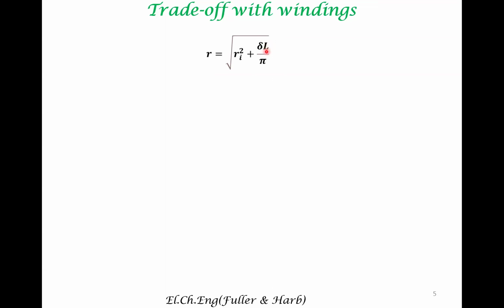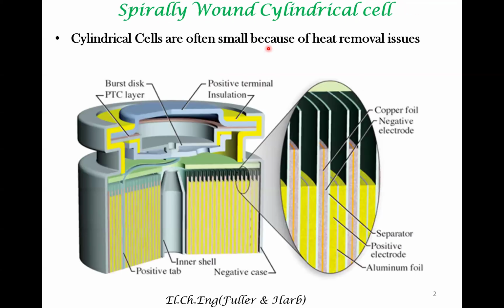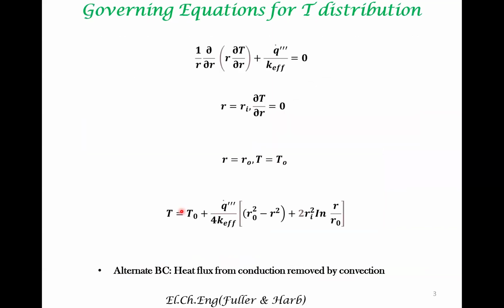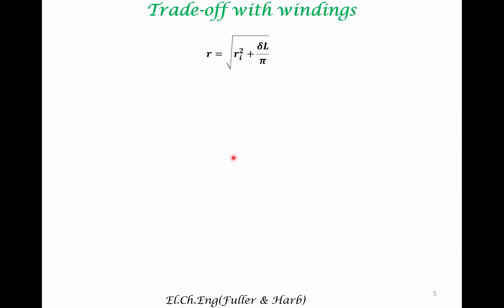Even though you can increase L to increase the capacity of the battery, what do you mean by L here? Let's get back to the figure. This winding, this length of this tape that is wound around the central axle, that is L. The greater the L, the greater is the capacity. But as you increase that, your R, that is the radius, also increases.